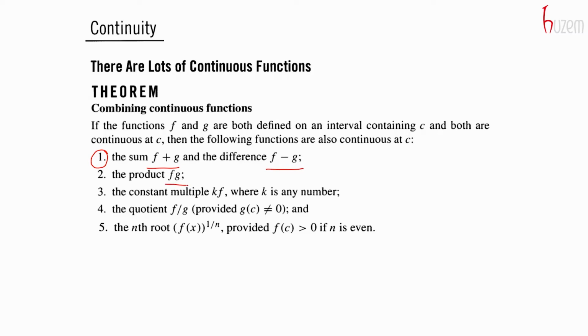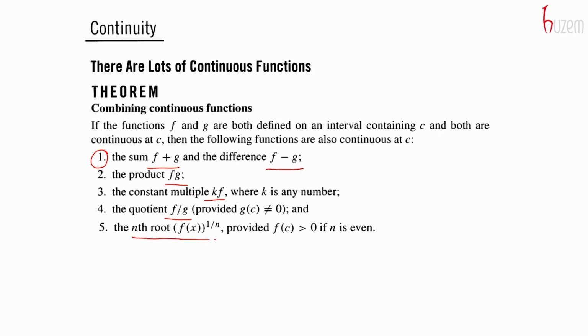Similarly, the product of f and g is a continuous function. Constant multiple of a function is continuous. The quotient function f over g is continuous, provided that the denominator g is not 0 at the point c.